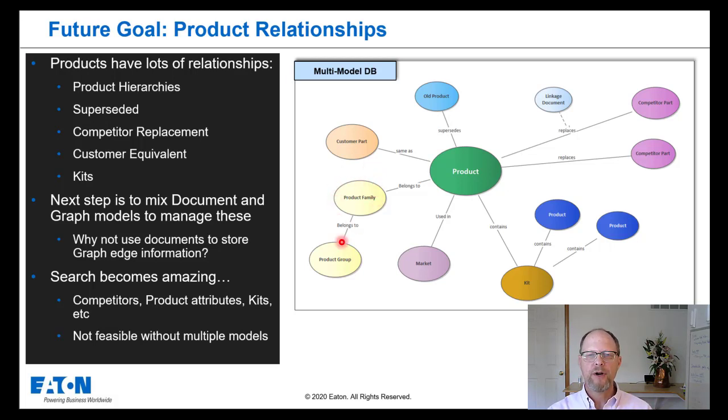Here's the hierarchy stuff: product families and product groups. Products are in sectors or markets, what have you. They are involved in kits, and they may have other products that are involved in those kits. So there are lots of different relationships, and this is really purely a semantics play.